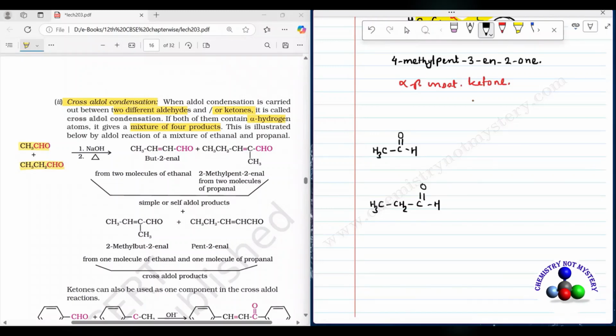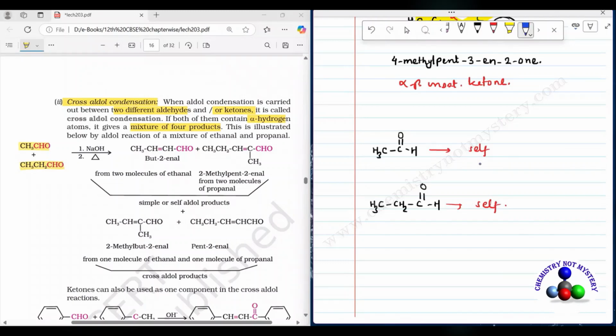So when they react, ethanal can react with itself also and propanal can react with itself also. So here you will get one self-condensation product, and here also you will get a self-condensation product. That's how you will get 2 self-condensation products.